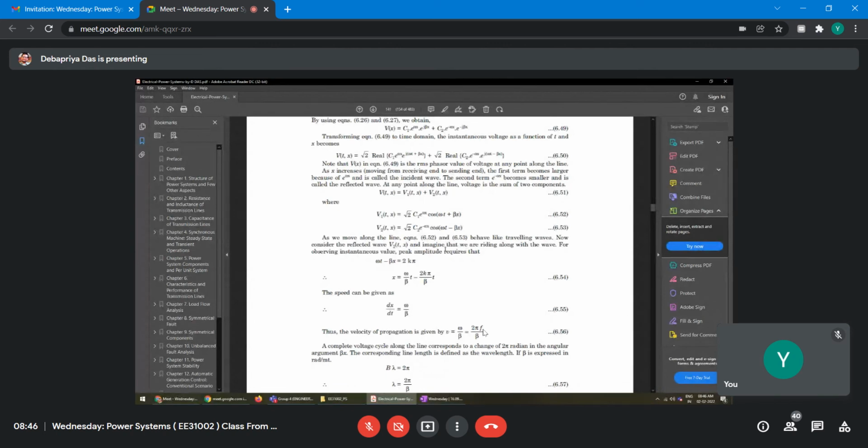If you move along the line, this behaves like a traveling wave. Now consider the reflected wave. Transmission line reflection is there. I am not sure whether this book has that chapter, but in NPTEL it is there.